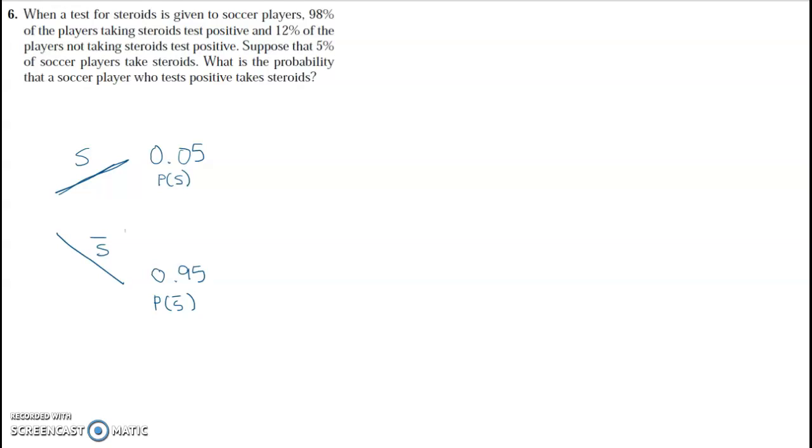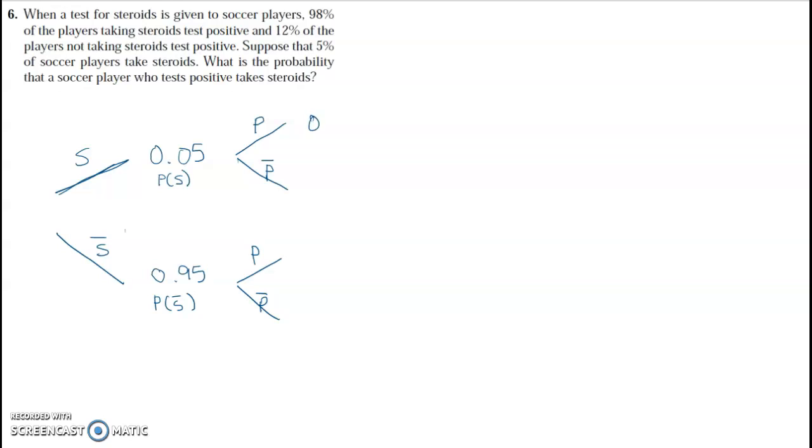Within this, we have subcategories where the test result is positive or not positive. And the same thing for these cases: the test result is positive or it could be not positive. 98% of the players taking the steroids test positive, so the 98% goes here.